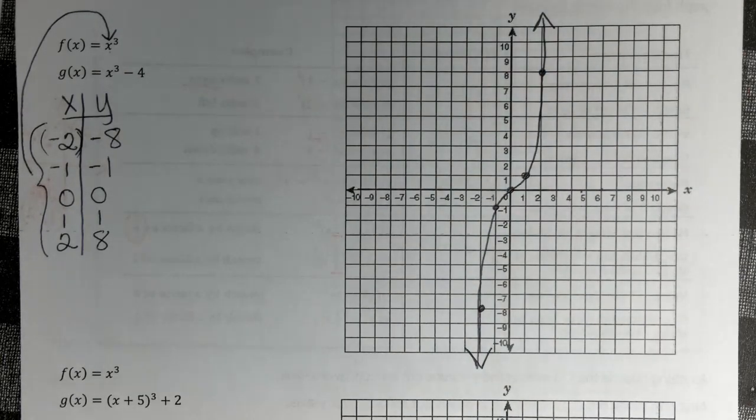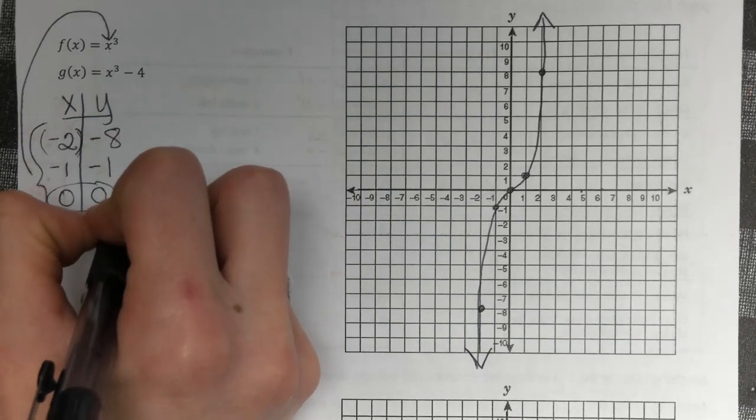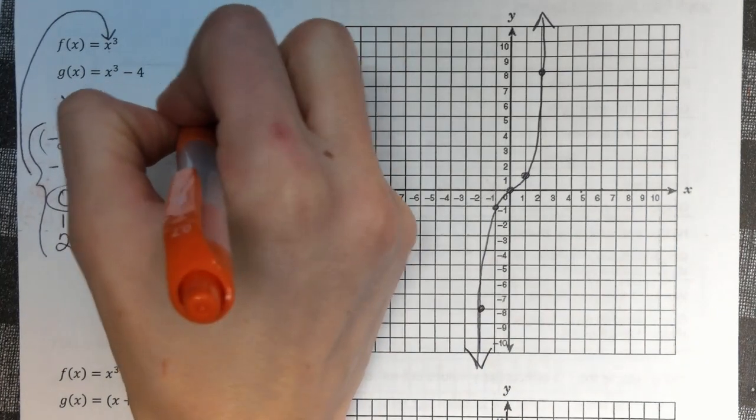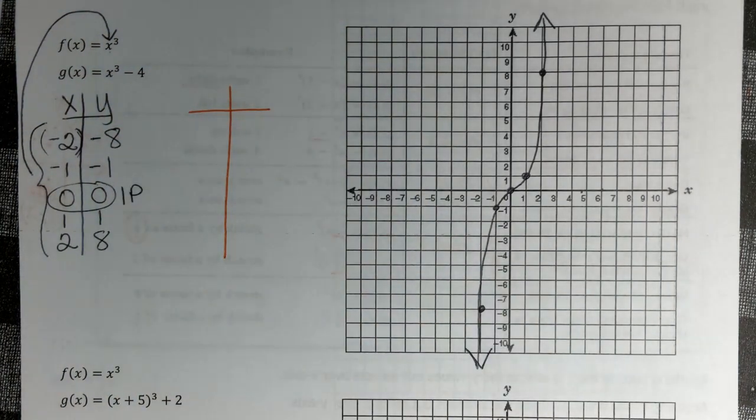And my inflection point is the center of that graph, which is the center of our table. So my parent function inflection point is 0, 0. Now, to build your transformation table, we're going to build our headers.